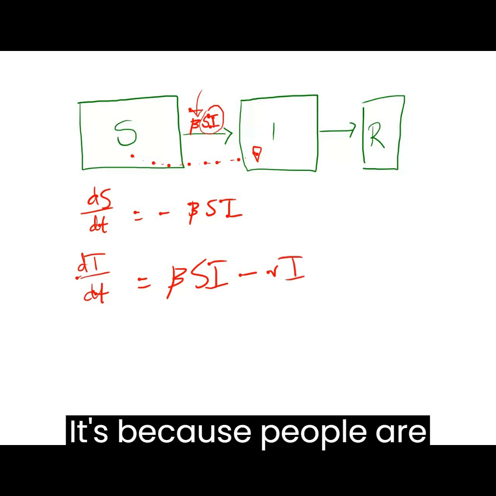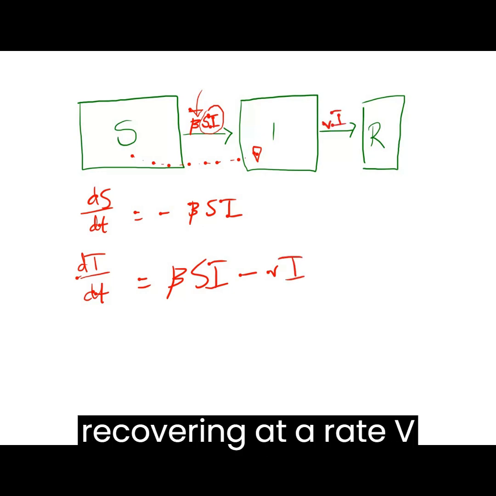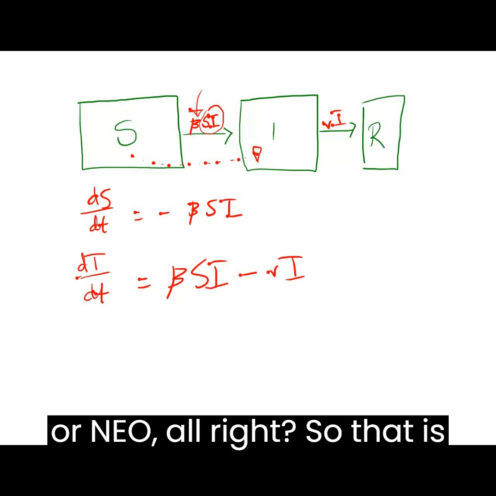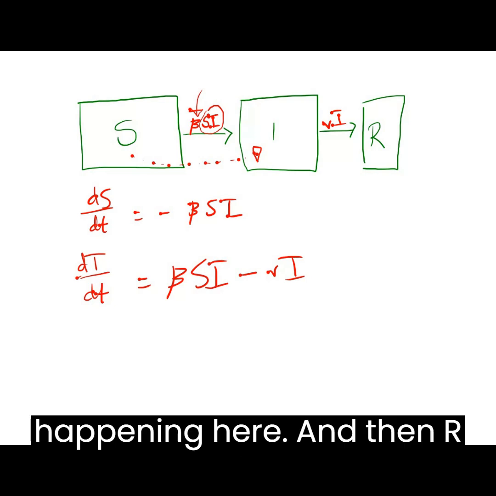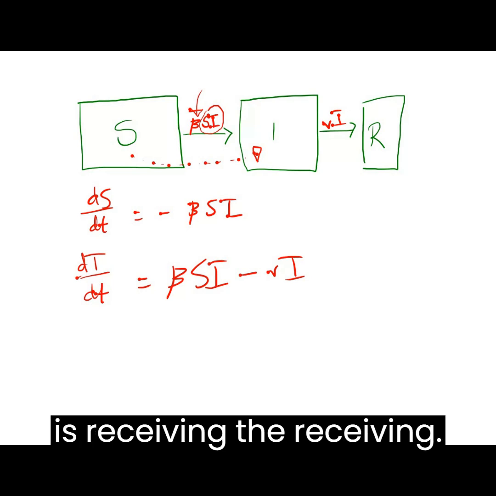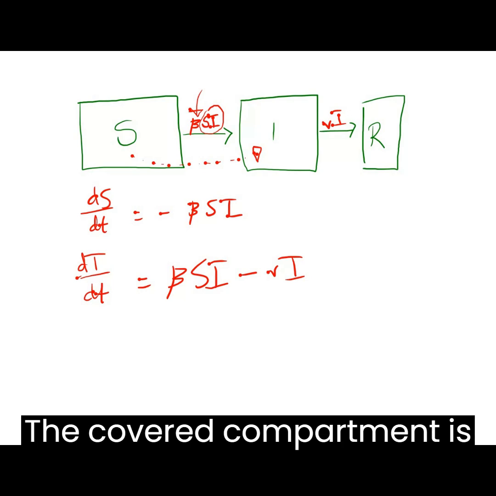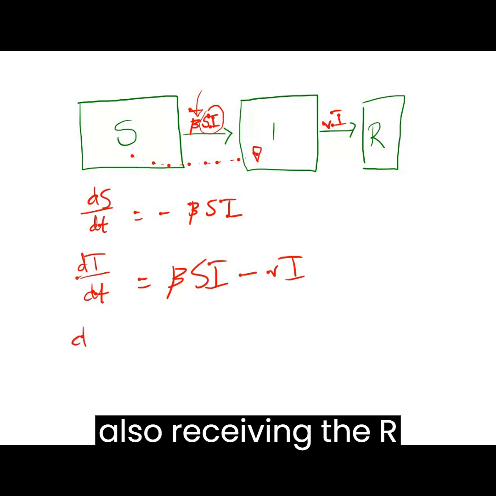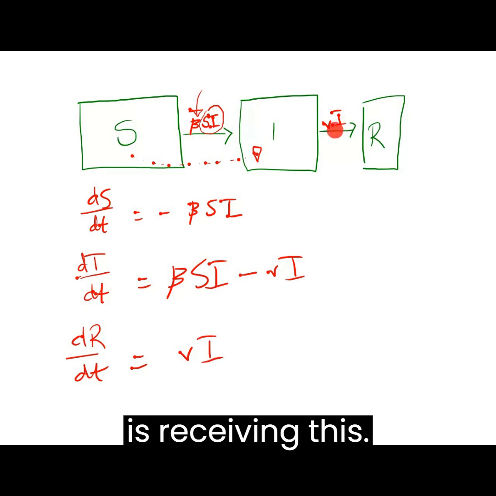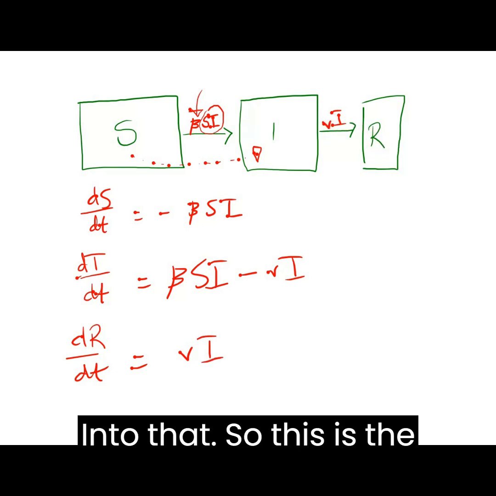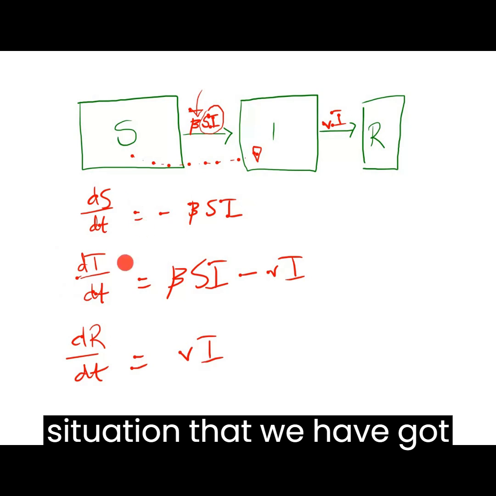It's because people are recovering at a rate gamma, or nu. All right. So that is the other thing that is happening here. And then R is receiving. The recovered compartment is also receiving. dR/dt equals nu I. It is receiving this into that. So this is the situation that we have got.